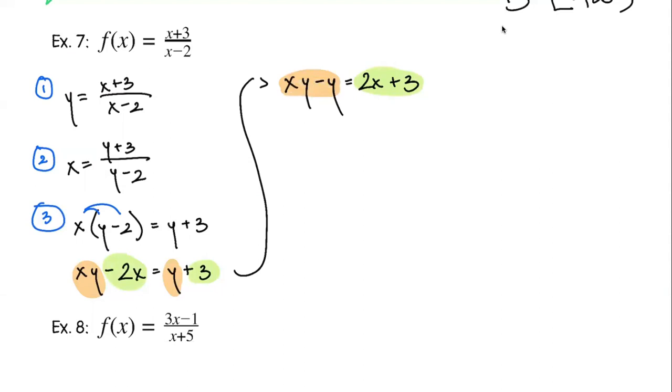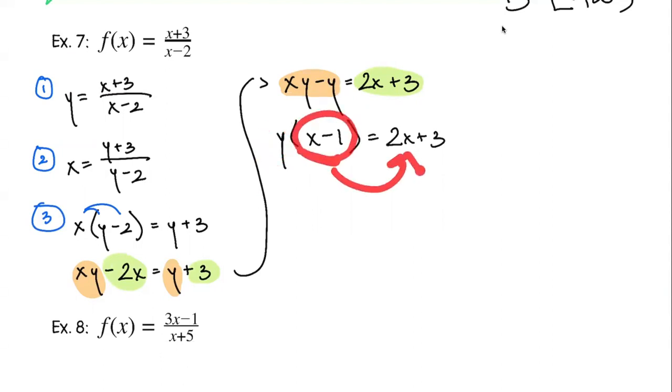Now, the cool thing about this is all the orange terms have y. That means that I can factor out a y. All right. And so if I factor out a y, I get x minus 1. Now, if I want to get y all by itself, which is my goal, we're going to take x minus 1, we're just going to divide it away, right?